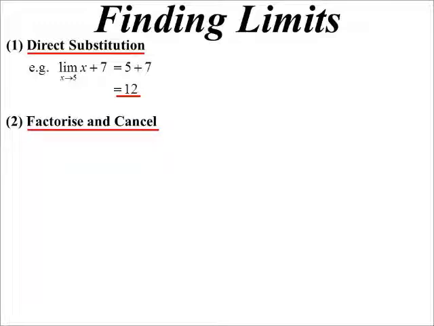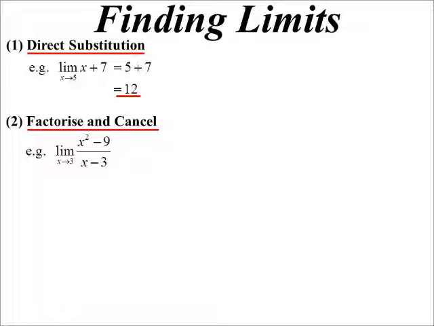So another technique we try is to factorise the whole thing and see if there's stuff that cancels. A curve like this one, x squared minus 9 on x minus 3 as it approaches 3, but you'll notice the bottom of the fraction would end up being 0, and you can't have 0 on the bottom of the fraction, so that would be an asymptote or something like that there.